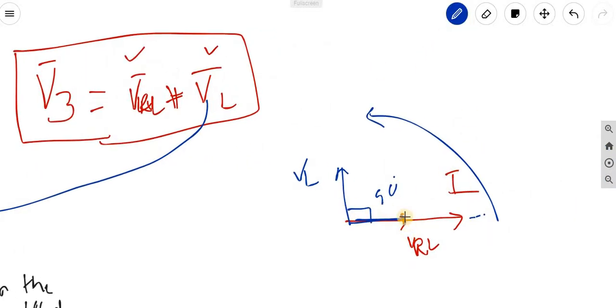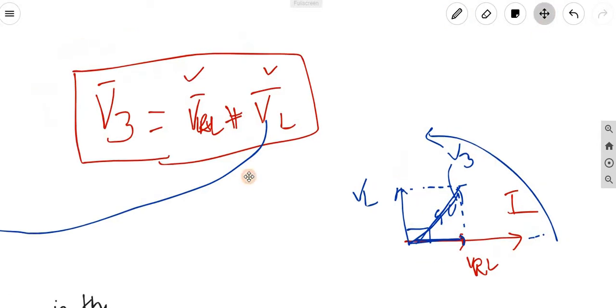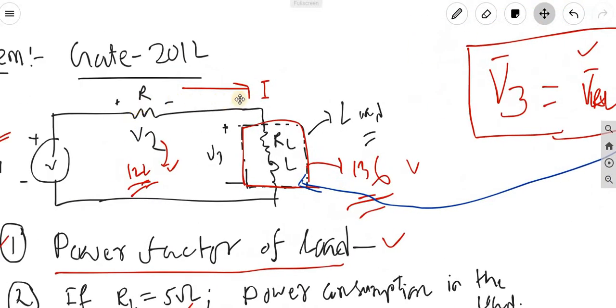So this is V3. Now again see the current and the voltage across V2. This is also a resistive element, so the current and this voltage will be in the same phase but the magnitude may be different.